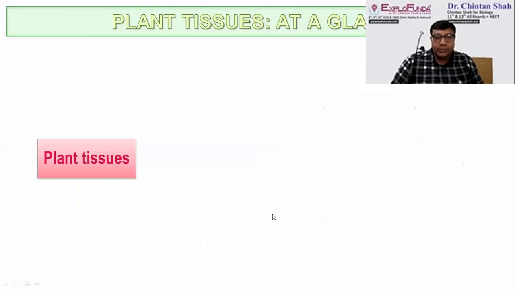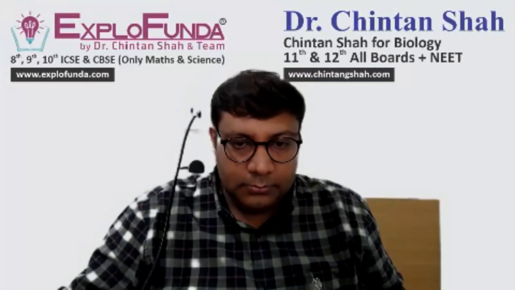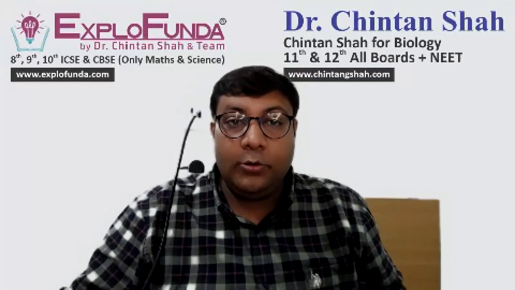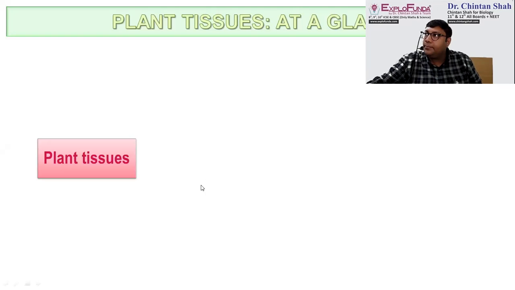So, all the tissues at a glance, let me show you. Plant tissue is of two types: one is meristematic tissue and another is permanent tissue.